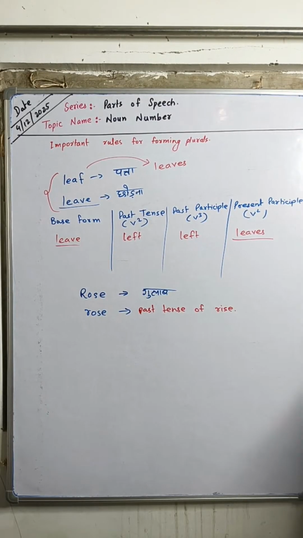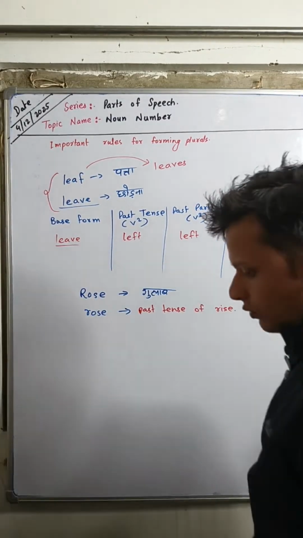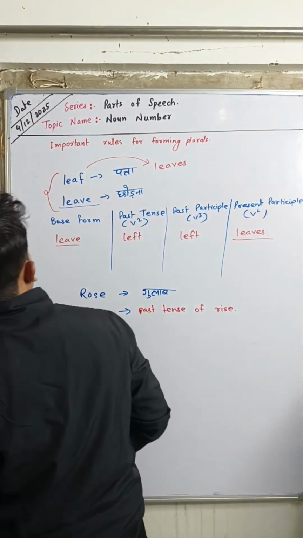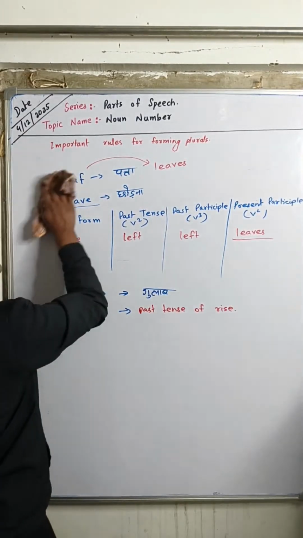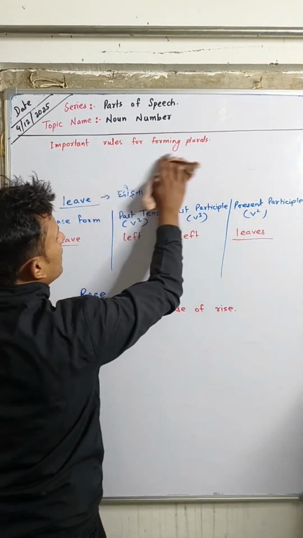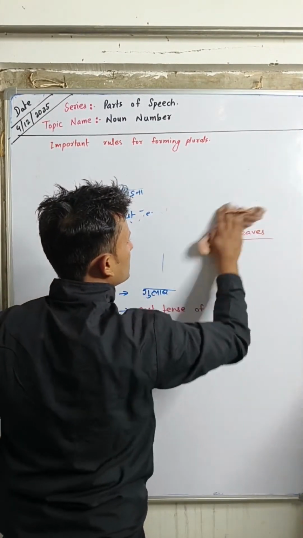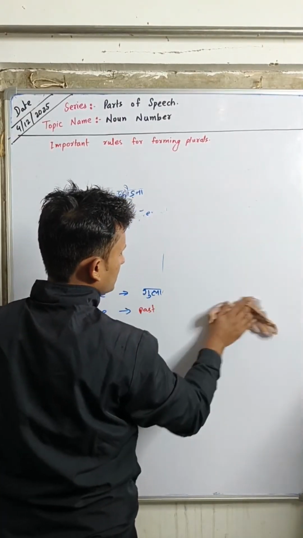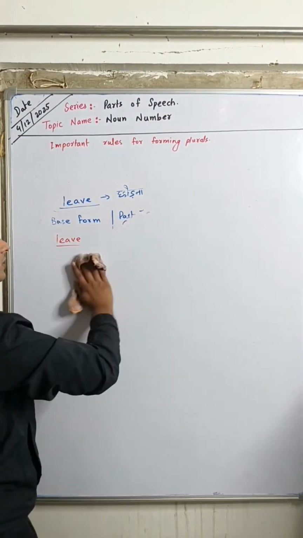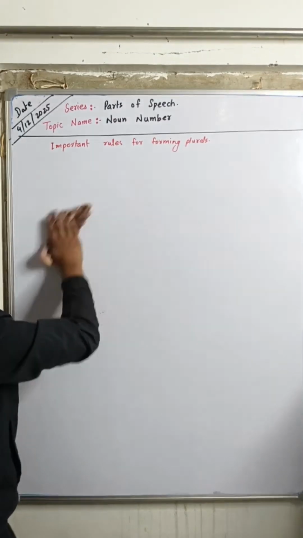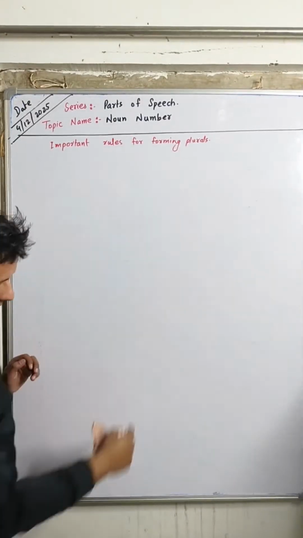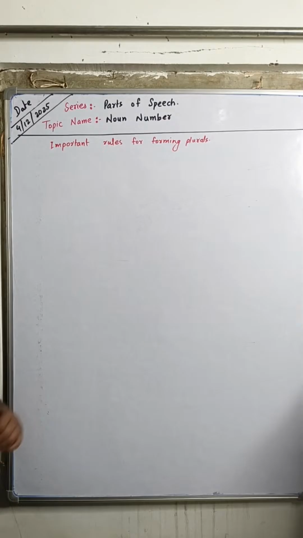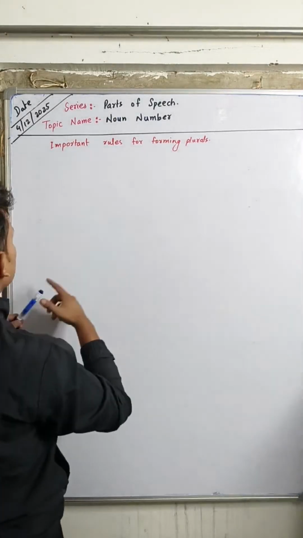Now let's go to the rules that we are actually learning in this video: important rules for forming plurals. So now we have come to the seventh important rule to form plurals. Well, these two rules are not just rules; they are exceptions to the rules actually.